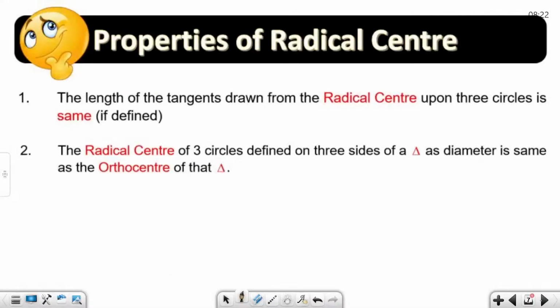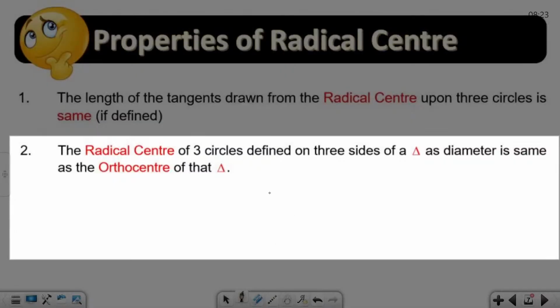Is it clear? So from the radical center, if you draw tangents, their lengths are going to be the same, of equal length. The second property states that if you choose a triangle, let us say ABC, and the three circles are described on the three sides of the triangle, taking the sides as diameters, then we are going to have three circles described on these three sides. Now, for these three circles, we are going to have a radical center.